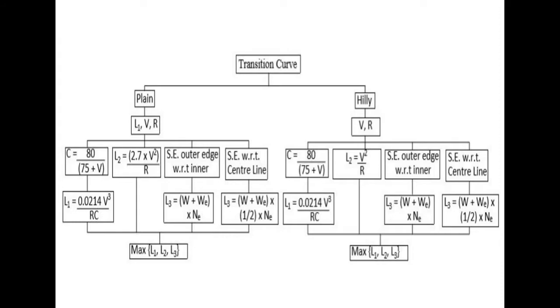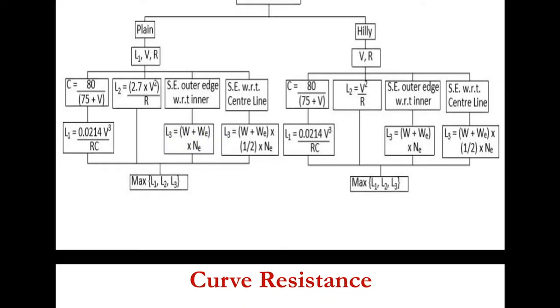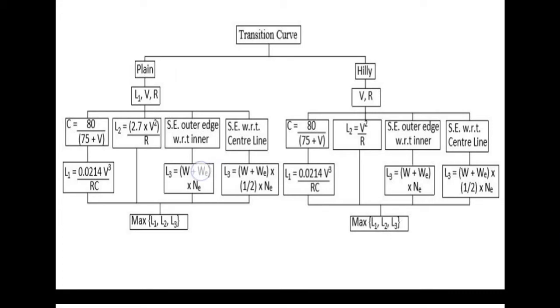In the first condition, that is raising the outer edge with respect to the inner edge, the formula is L3 = (W + WE) x NE. Here W is the width of the road in meters, WE is the extra widening, and NE is the slope provided.